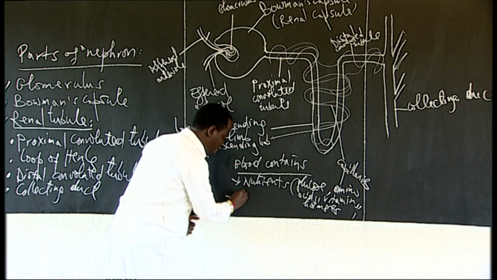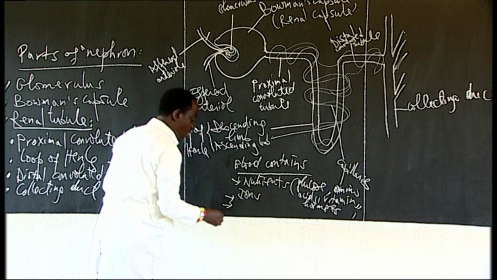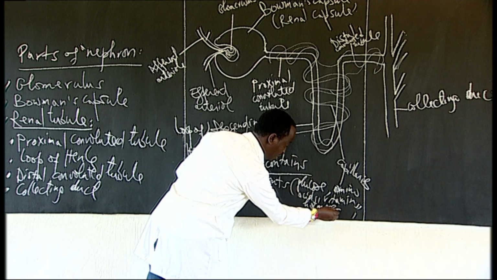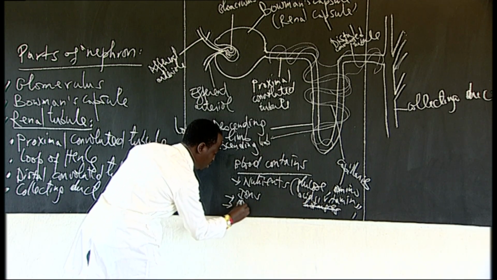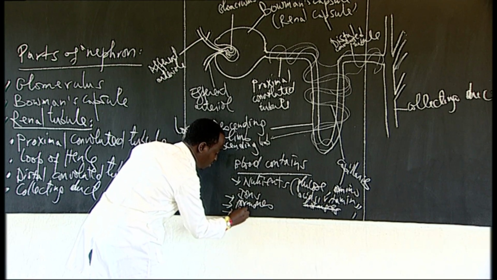It also contains ions and mineral salts. Hormones can be found on the other side, because they are not nutrients. We can also have waste products.